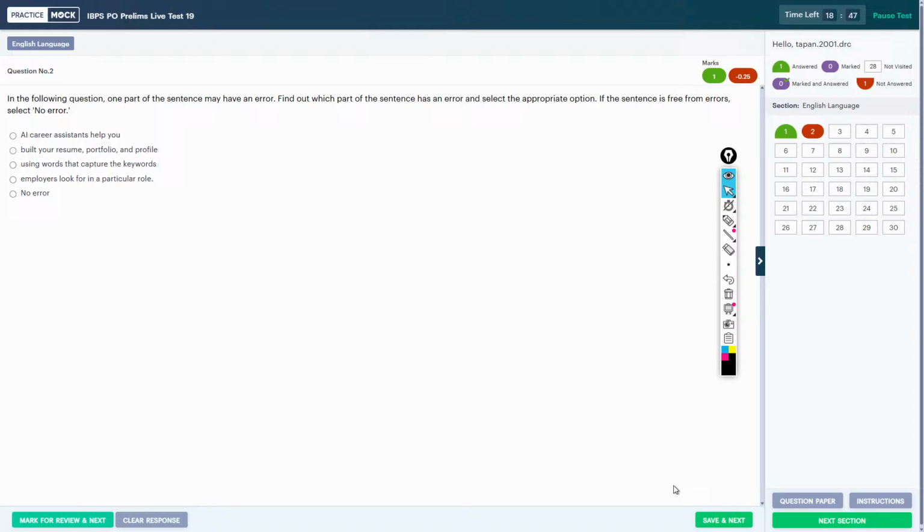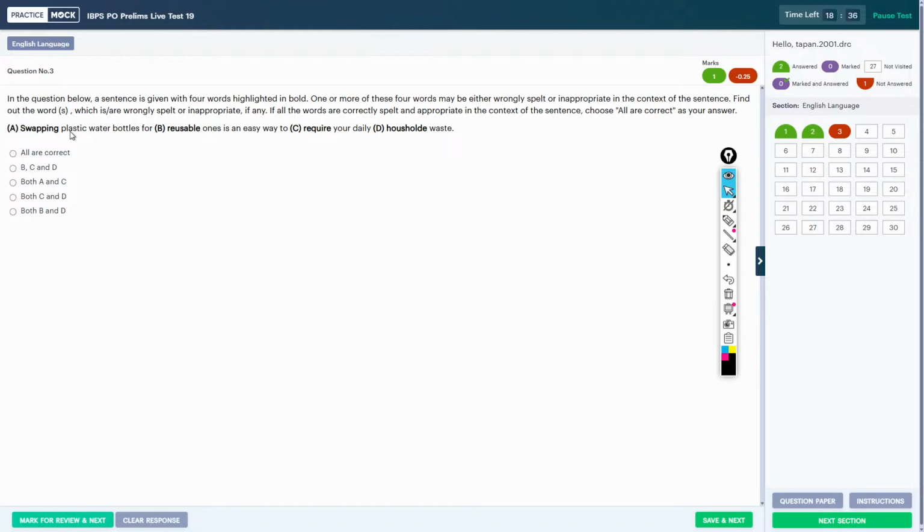Okay. AI career assistants help you build, bare infinitive. Swiping plastic bottles for reusable ones is a very easy way to reduce your daily household waste.